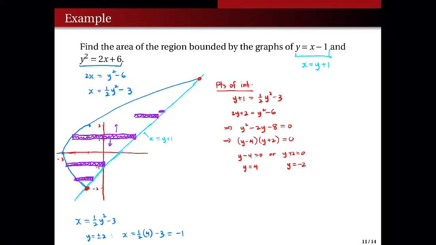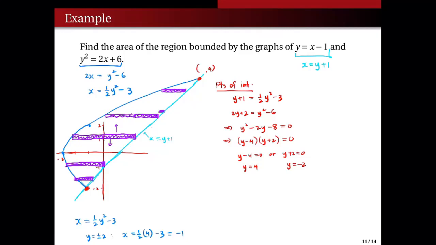So anyway, the point is, you know that the highest value for y will be somewhere here. It's y equals 4.